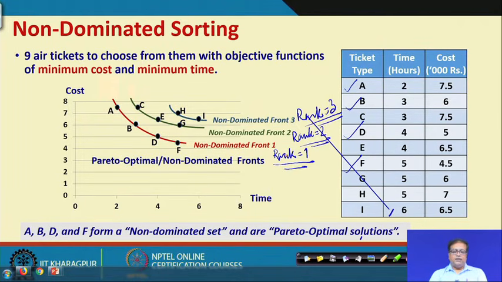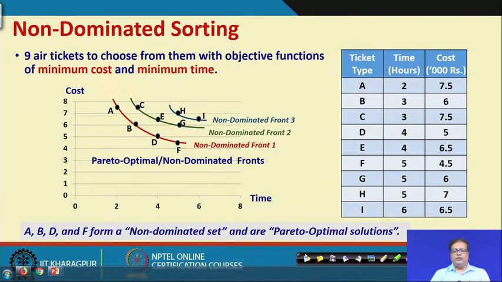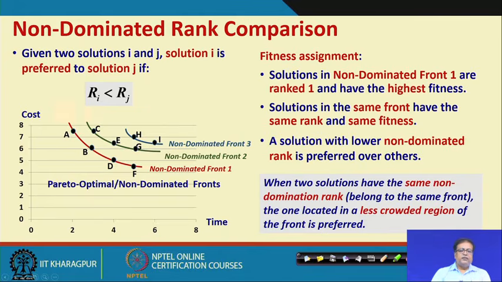So, this is the first thing, called non-dominated sorting, which can be employed to find out the non-dominated ranks of the solutions.